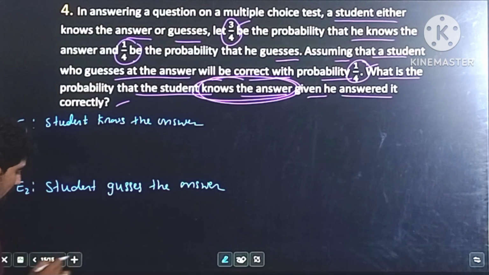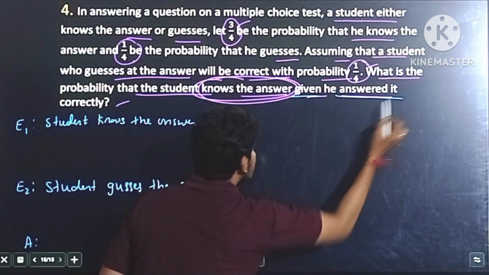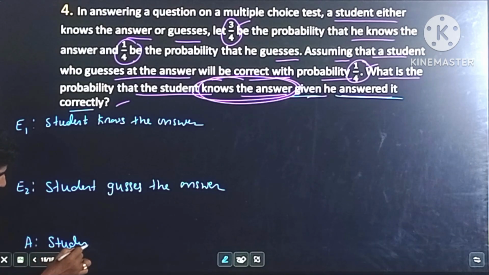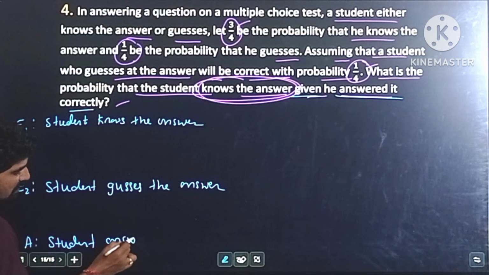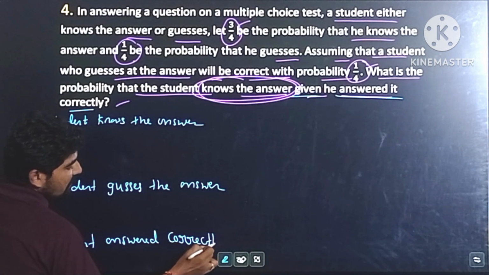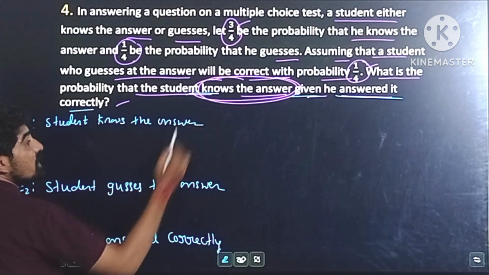And here is one of the given events, that is event A. So event A is directly given: he answered it correctly, so the student answered correctly. And now we need to identify the probability of this correct answer by knowing the answer.